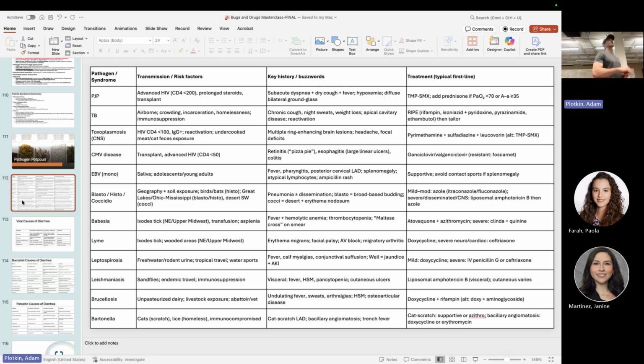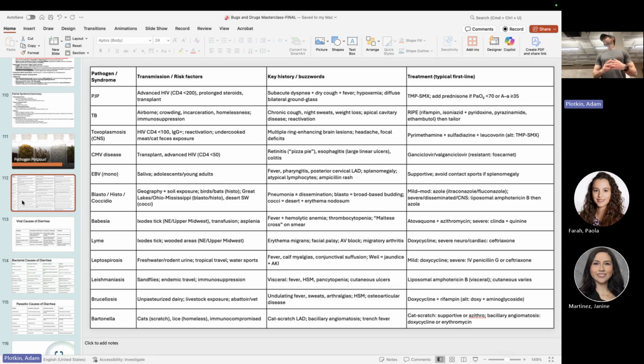When you think about blasto, histo, coccidio, right? These endemic fungi, you're classically taught about blasto. What are you taught about blasto? What's the buzzword? Broad-based budding, but where's it found? So usually the Ohio River Valley is histo, and your Mississippi River Valley is more blasto.